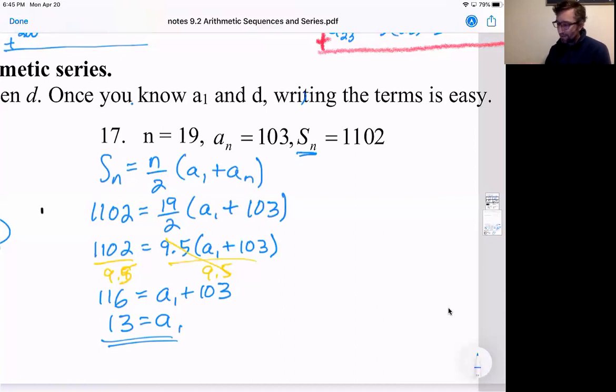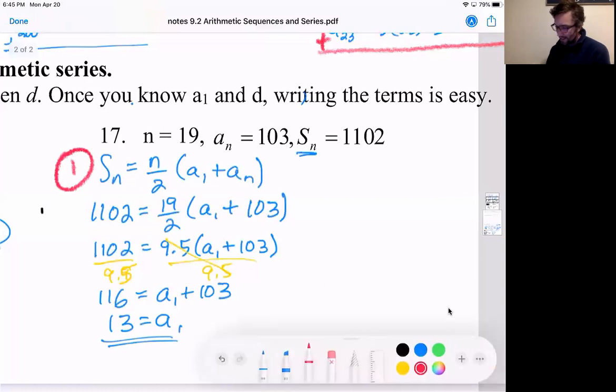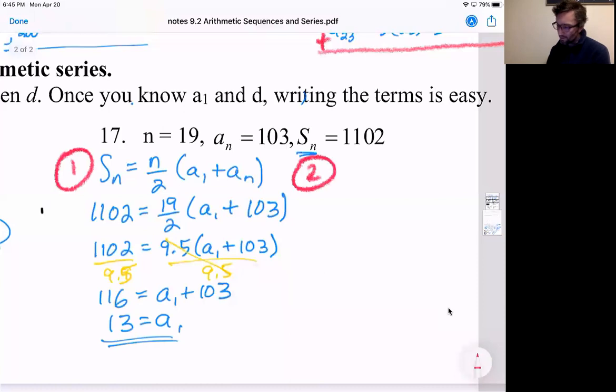Well, now we can find our common difference. So that was kind of our first step here, step number 1. Now we can find our common difference, step number 2, by using this formula, a sub n equals a sub 1 plus n minus 1 times d.